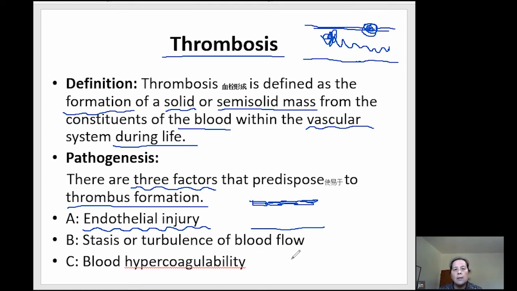And then what will happen? Platelets and some proteins, fibrin and protein, will come and try to stop something. It's not bleeding here, but truly it affects the normal blood flowing way. In some severe cases, they may totally block the blood flowing way.